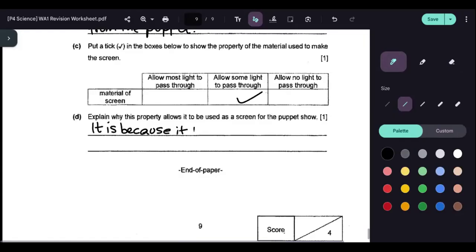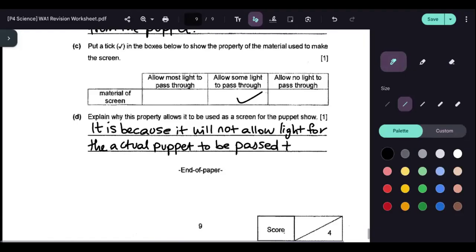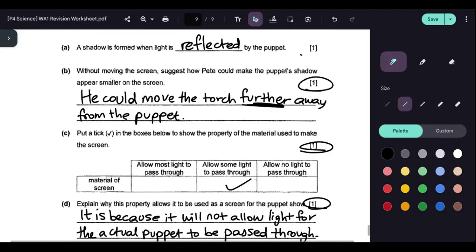It will not allow for the light for the actual puppet to be passed through. Okay, one mark. This one, if you now say further, I cannot give you a mark.